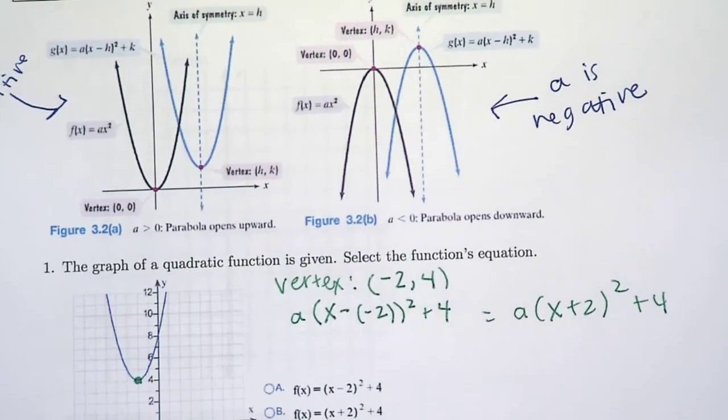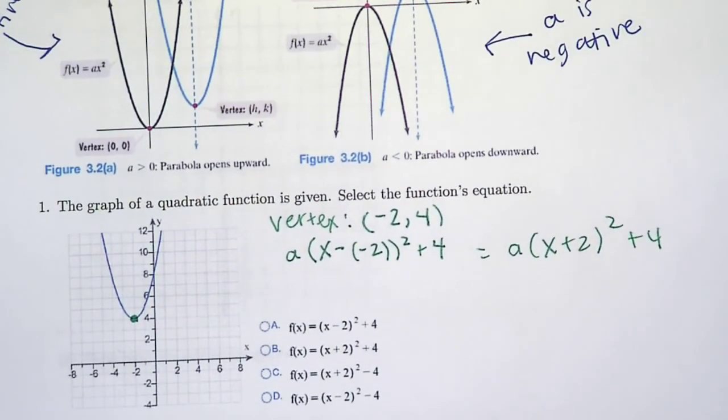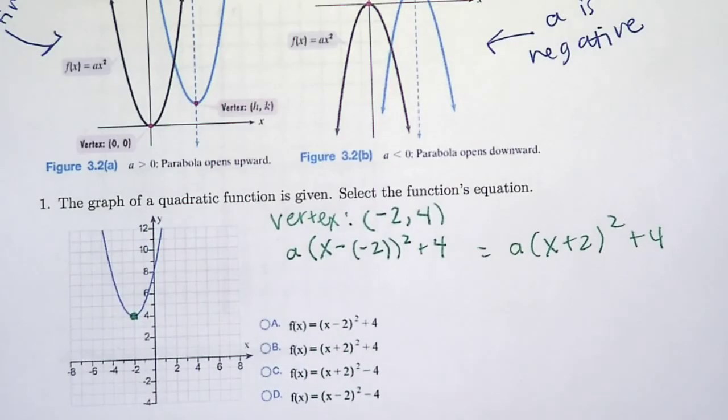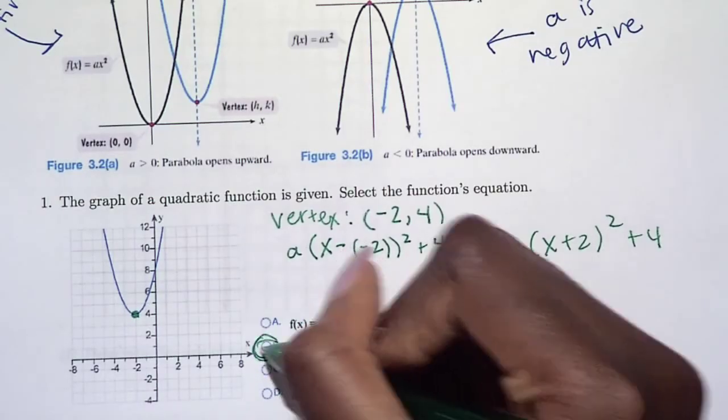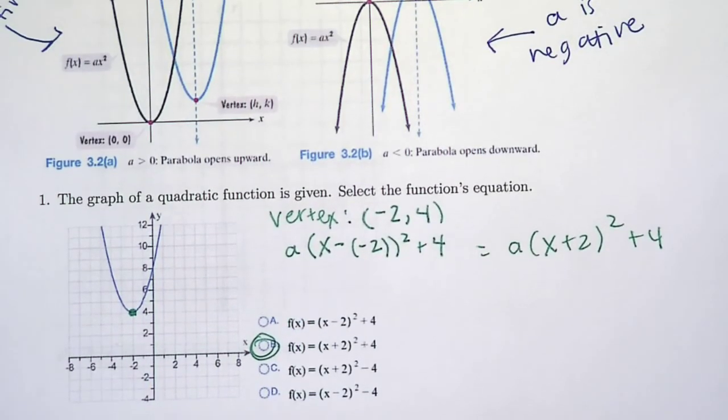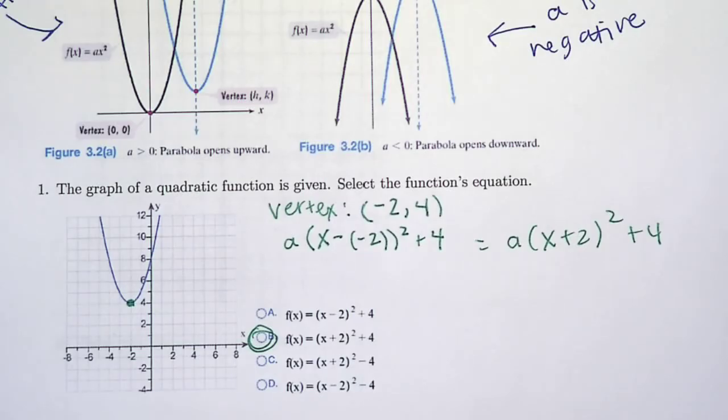All right, so this would be our standard form depending on what a is. Luckily, a is just 1 in these cases. So which one does it match up with? It's actually b. So this is the standard equation of our parabola based on this graph.